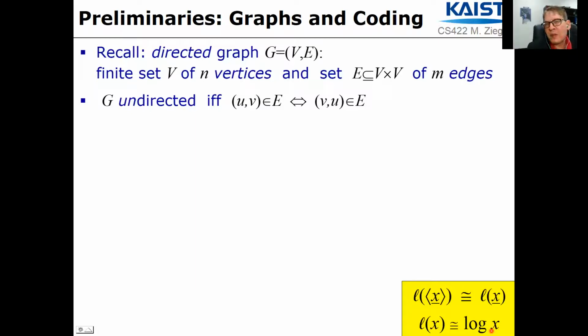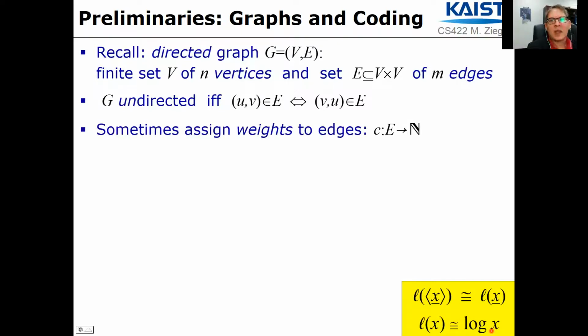And when the graph we're considering is undirected, that means that to every directed edge, graphs here have directed edges to begin with, to every directed edge in one direction, there's also a directed edge in the opposite direction. This is how we encode undirected graphs.